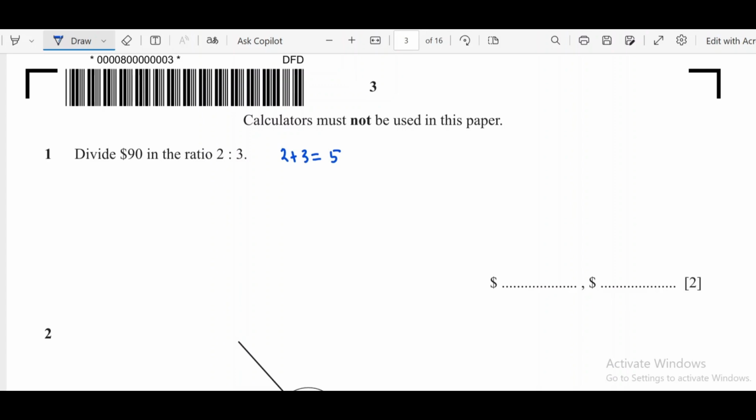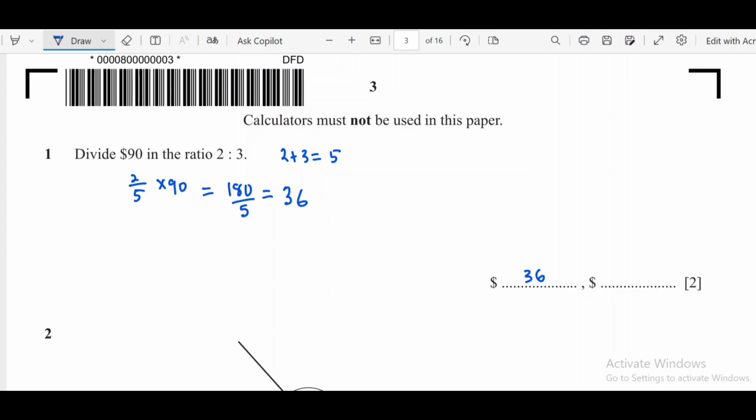So we take the first number 2, then over the sum of ratio multiplied by 90. All right, this gives us 180 all over 5. Okay, and 5 can go in 18 3 times. We are left with 3, 5 and 36. So we have $36.